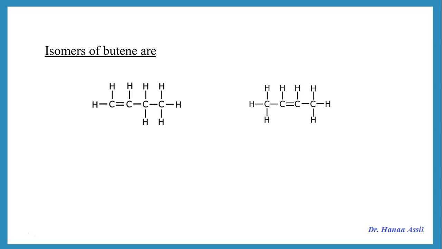Either the double bond is on one end, on the left or on the right, that's the same compound, because either way it is but-1-ene, or the double bond is in the middle, so that is but-2-ene. Again, how do we draw skeletal formulas for this? Please note that these would be the skeletal structures for these isomers.